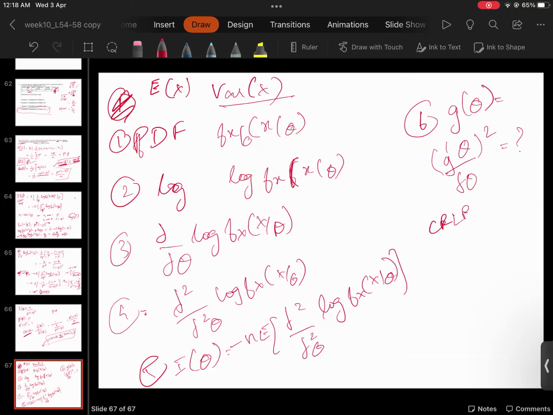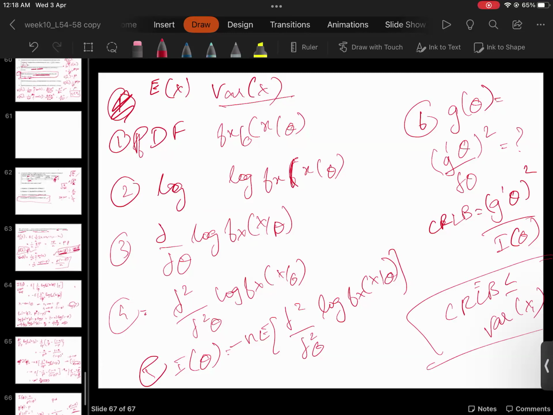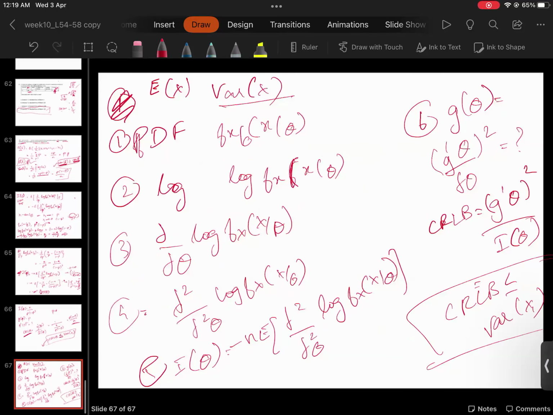And finally, CRLB is equal to your g prime theta square divided by information of theta. So this gives you the CRLB value, and you have to compare. So CRLB has to satisfy this. If it satisfies this, it means that this X bar is an unbiased estimate, and also it's an efficient estimate because it satisfies this CRLB.